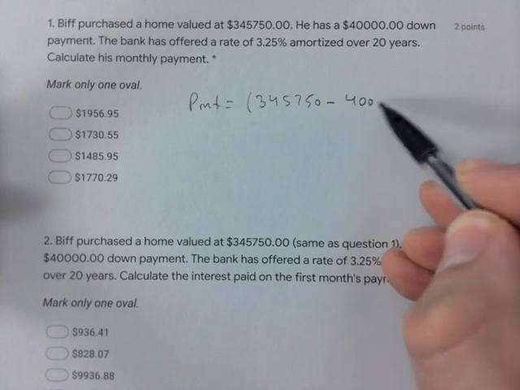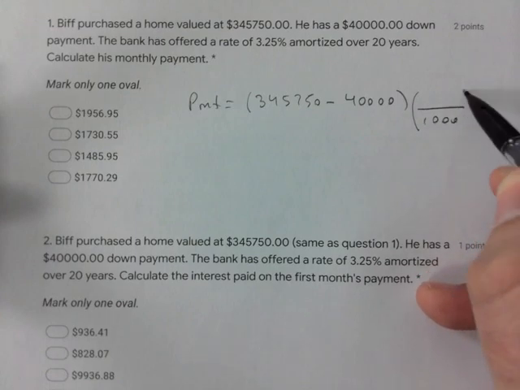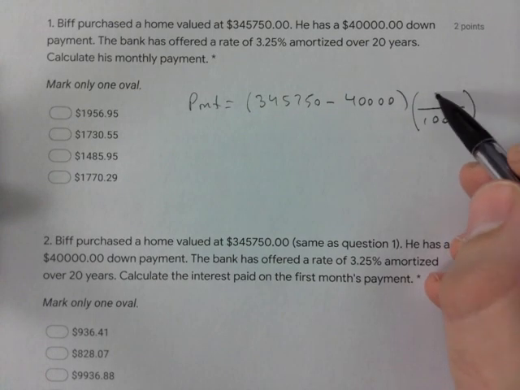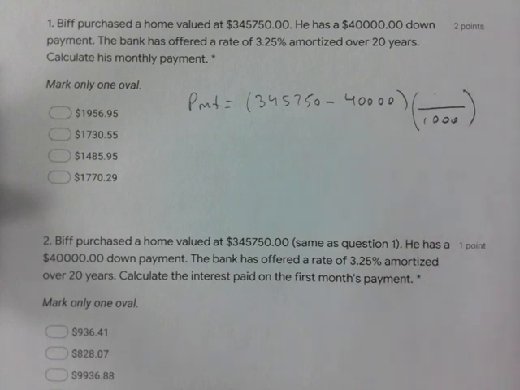If there's a down payment, you need to take it off. Otherwise, you're going to be paying on the entire mortgage, but you don't want to, right? That's why the down payment is there. And this rate is going to get you a mark. That's why this is worth 2 points. So let me just go 3.25 over 20 years, 5.66.